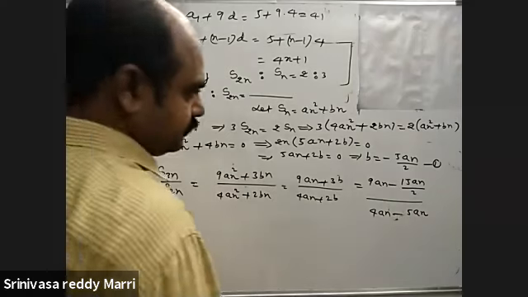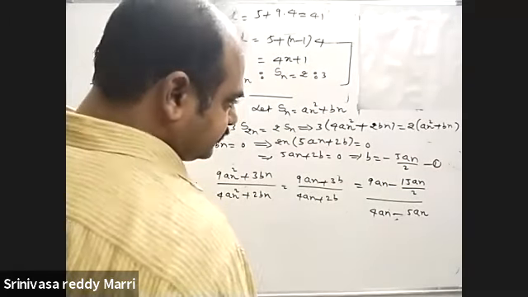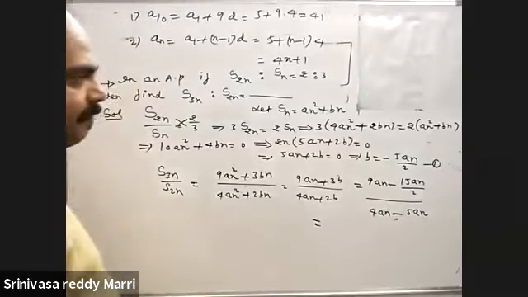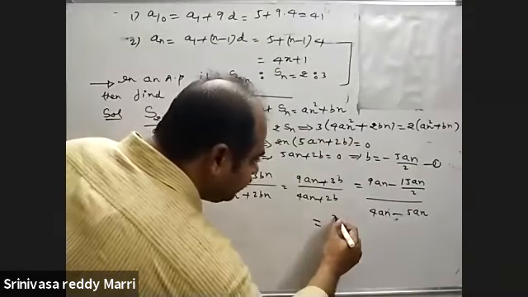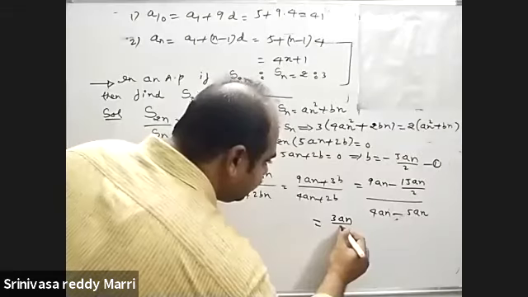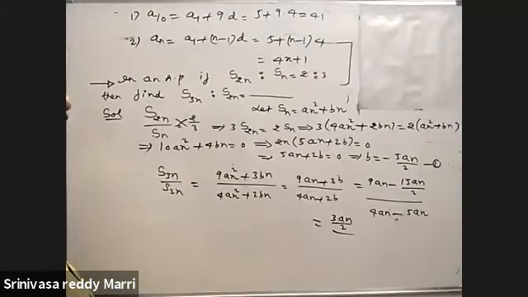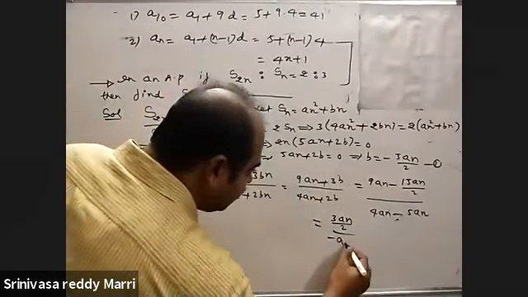So 18an minus 15an, 3an by 2, divided by minus an.